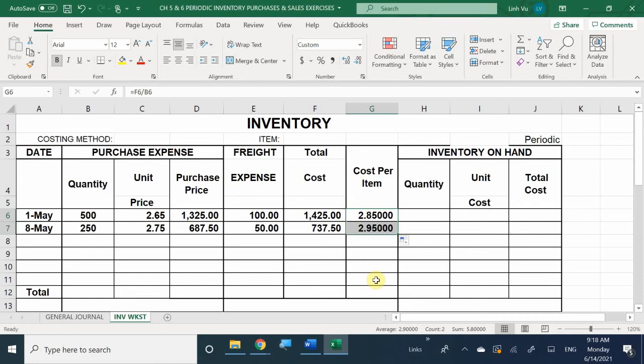So in this case, if it's going to cost me $2.95 each item, and I'm already selling it at $9.99, I'm getting a huge profit there. Okay.